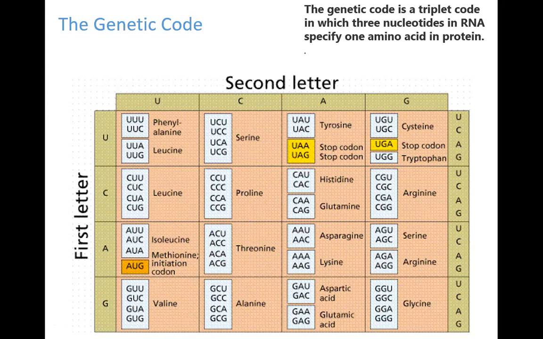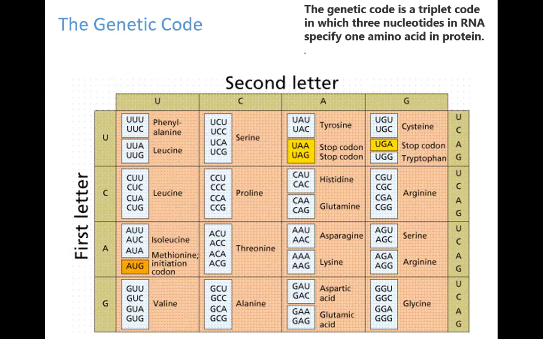So even if we do make a little mistake, even if we substitute the wrong base, and we need threonine in our protein, we need the amino acid threonine, even if we have the wrong base for our third base, it still works, because threonine is so important to us that all 4 possible combinations for it work.